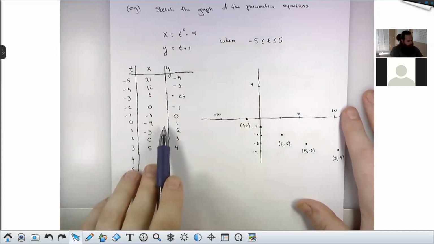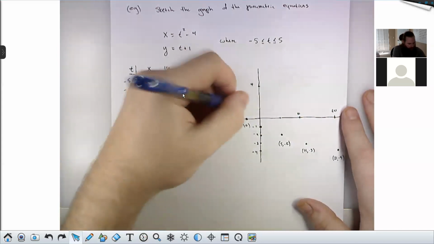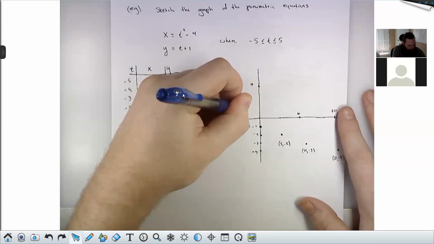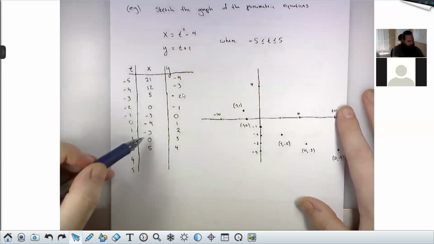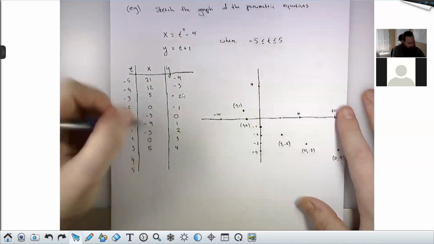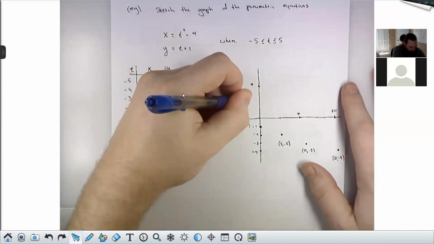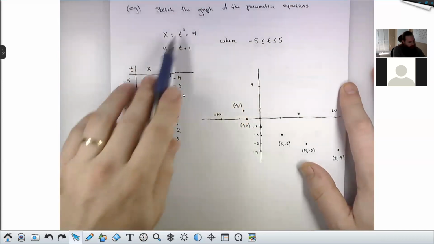And then what do we have next? Negative 4 comma 1. So that would be here. And then we'll have negative 3 comma 3, which is like here. All right. That came from t equals 1, right?